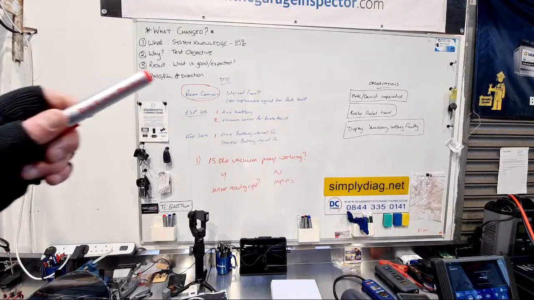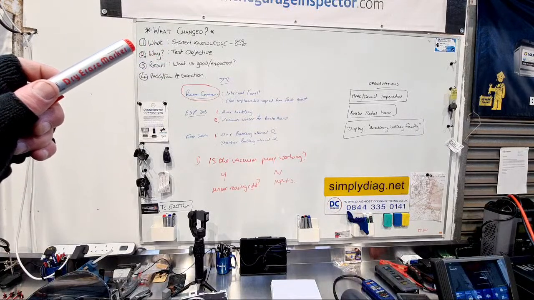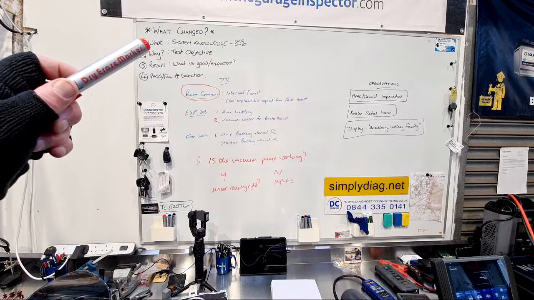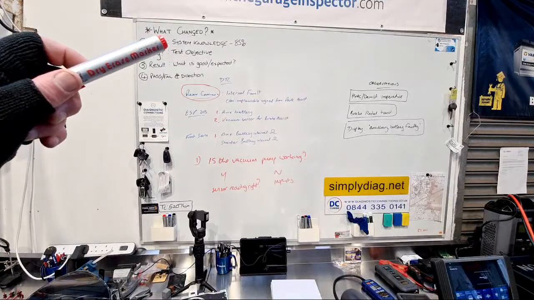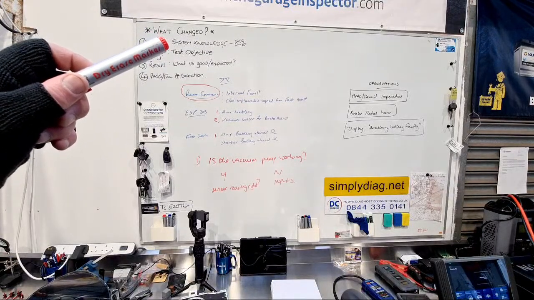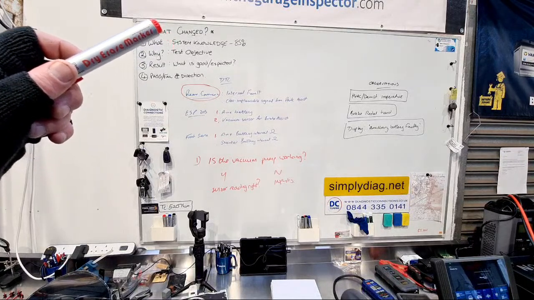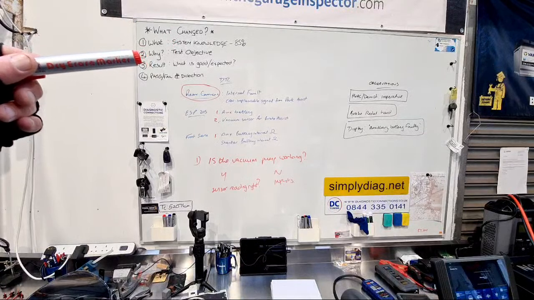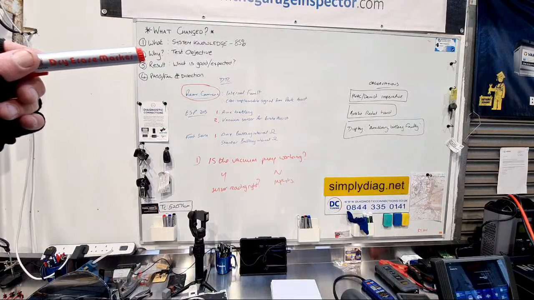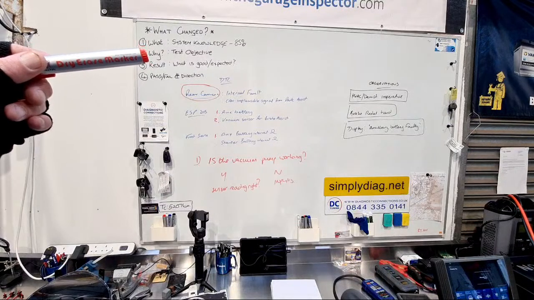So if we look at the top left of the whiteboard, number one, what are we working on? We need to know exactly how this system works before we start testing it, because if we don't know how it works, we can't test it effectively. Number two, what is the test objective of the test that we're going to do? If we haven't got a clear objective, we shouldn't be doing the test.